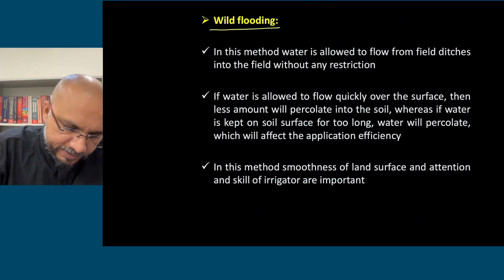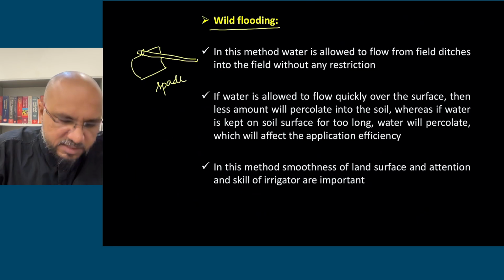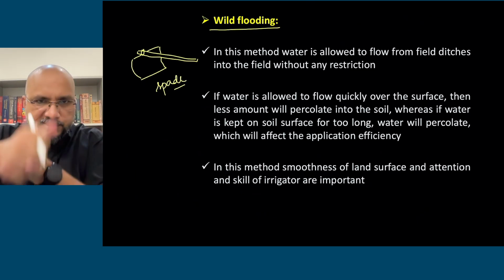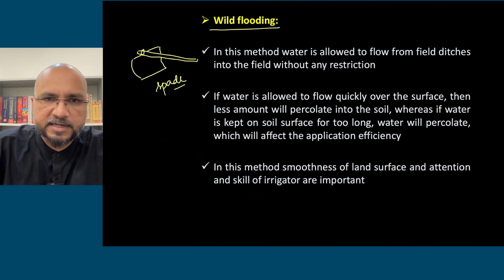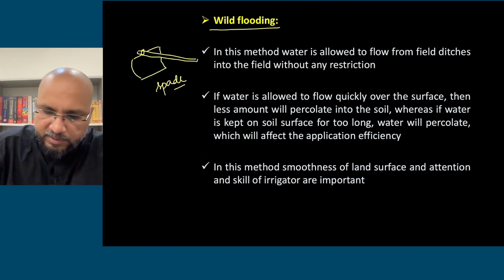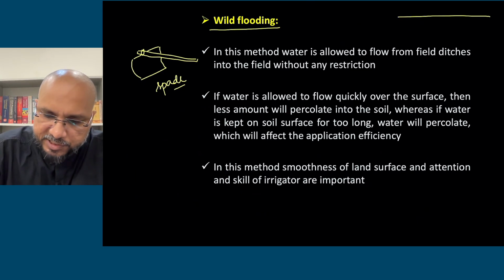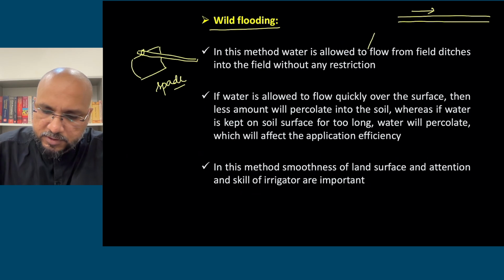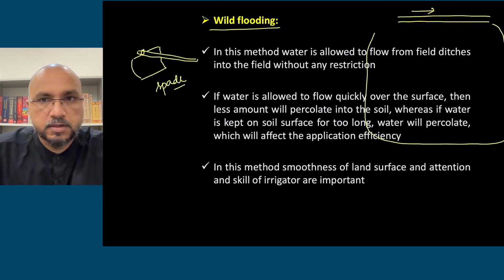So तुम्हारे पास जो equipment है फार्म में, इस तरह का एक equipment होता है जिसको हम लोग स्पेड बोलते हैं या फावड़ा बोलते हैं, जिससे the skilled worker will open the bund, the farmer or the skilled worker will open the bund and from the field ditch, so this is your channel, suppose इसमें water जा रहा है and this is your field.